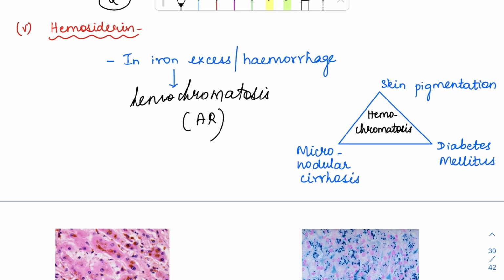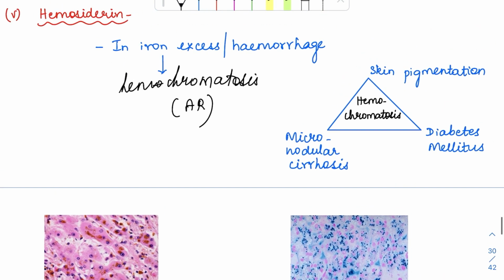The RBCs will be broken down by the blunt trauma. These lysed RBCs will be taken up by the macrophages and converted into hemosiderin. So this hemosiderin pigment is going to be deposited in conditions of iron excess. Hemochromatosis, I already mentioned, is a triad syndrome which involves the liver, pancreas and the skin.